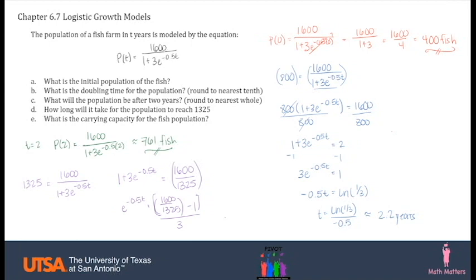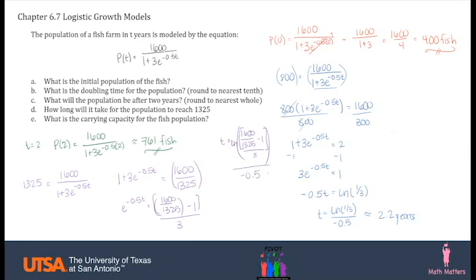And then take the natural log. So we have negative 0.5t equals the natural log of all this minus 1 all over 3. And then we can just divide both sides by negative 0.5.